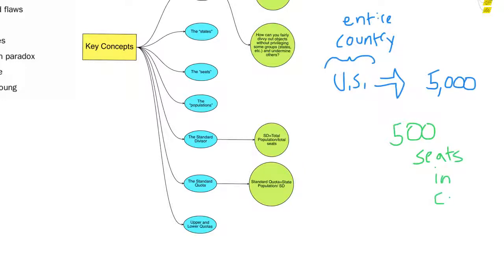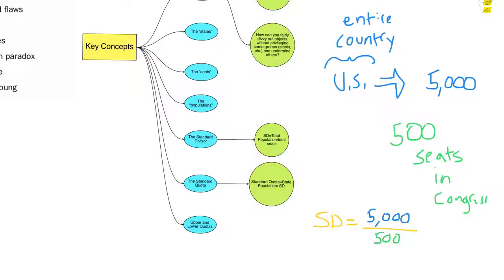And in order to figure out what the standard divisor is, you have to take that population of 5,000 and divide it by the amount of seats that you have. Again, that is the population of the entire country divided by the number of seats in Congress.